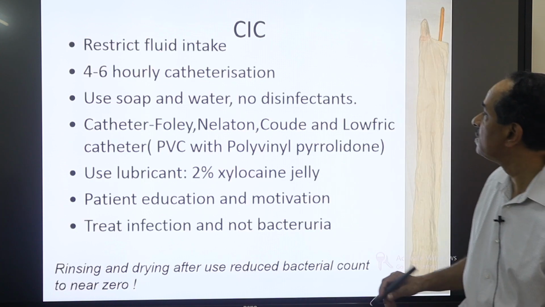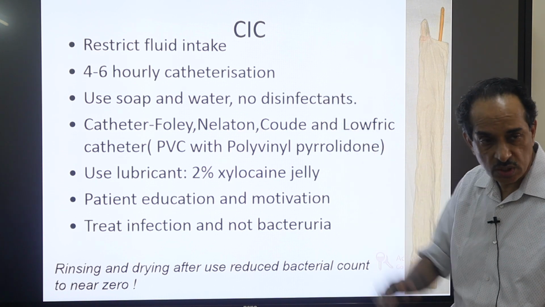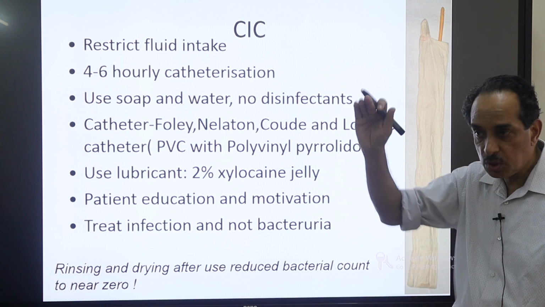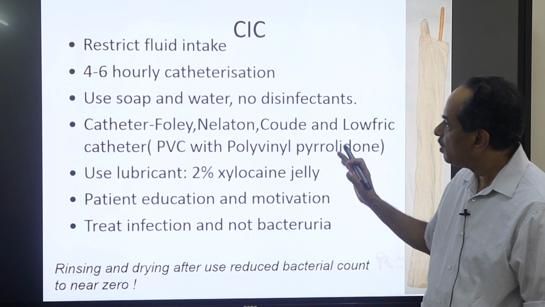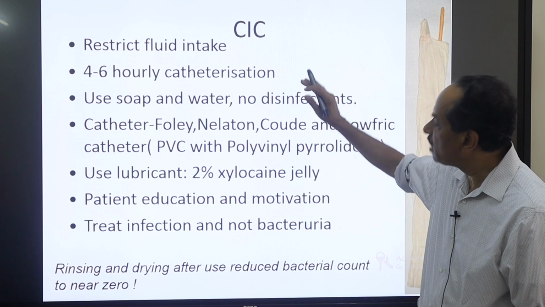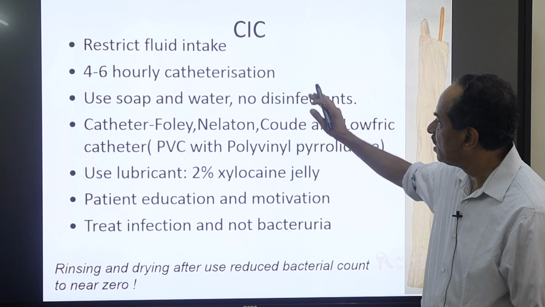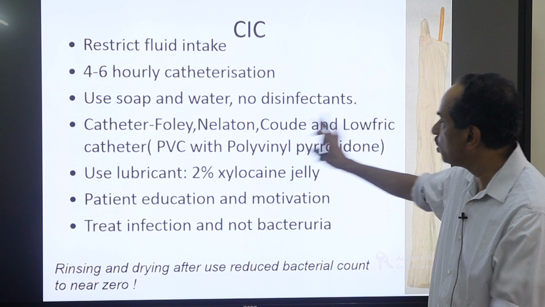Next one. Restrict the fluid intake, but not to unphysiological levels. Don't reduce it to the obligatory level. If it is a little more, they may get a leak, but other than that nothing may happen. So modest reduction of fluid intake, 4 to 6 hourly catheterization, and use soap and water, no disinfectants.